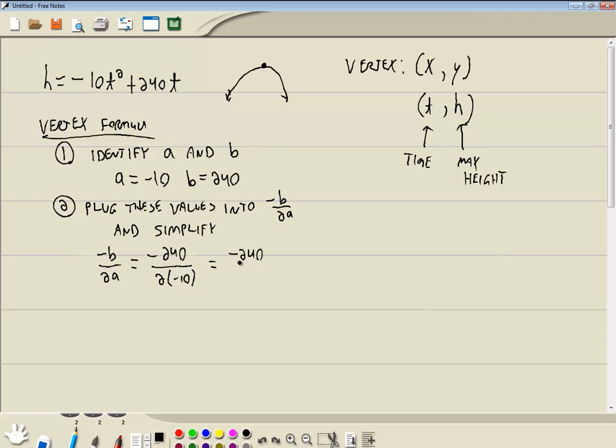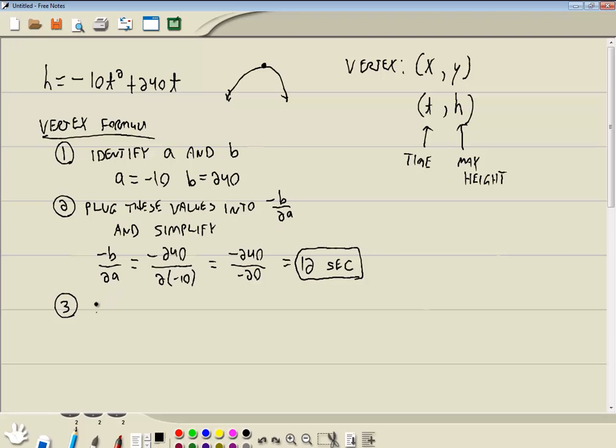So I got negative 240 over negative 20, since negative 2 times negative 10 is negative 20. Zeros are gone. Negative divided by negative is positive, and 24 divided by 2 is 12. So this is our first part of our answer: 12 seconds. That's our time. Because remember from step 2, that always gives us our x part of our vertex, or in this case, our t part of our vertex.